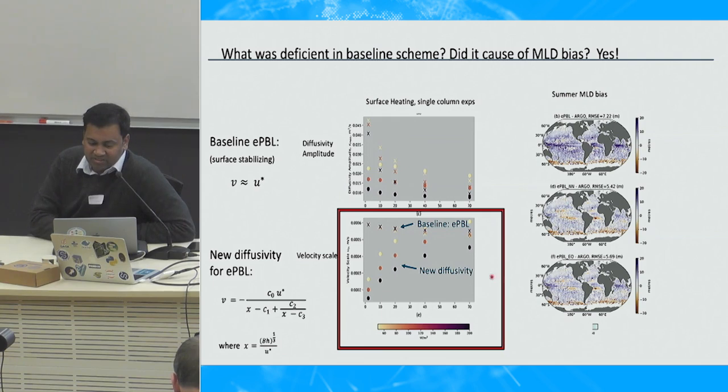So, for example, in this improvement, the tropical regions improved, but the Southern Ocean did not improve. And so that means there are some processes in the Southern Ocean or some other processes which are not affected by maybe the boundary layer mixing scheme. So I think there is some sort of trial and error involved: go with step one, take a neural network which has probably learned something better, and then get some insight from there. I think that's the way to go, at least.